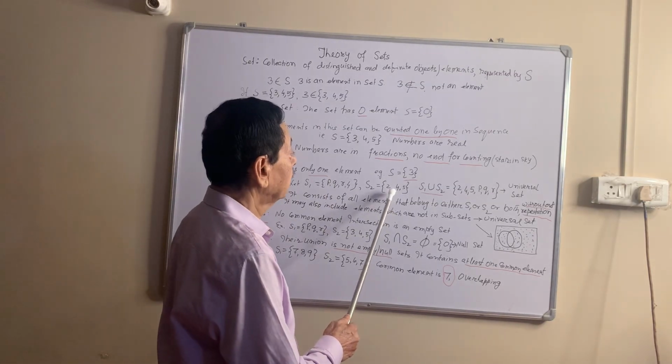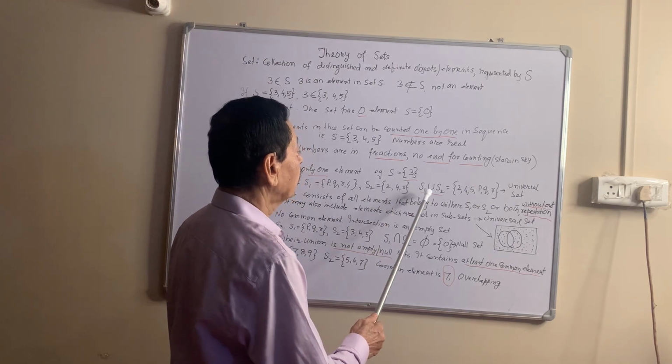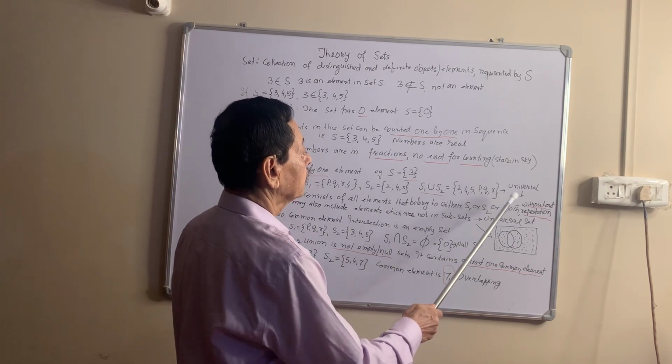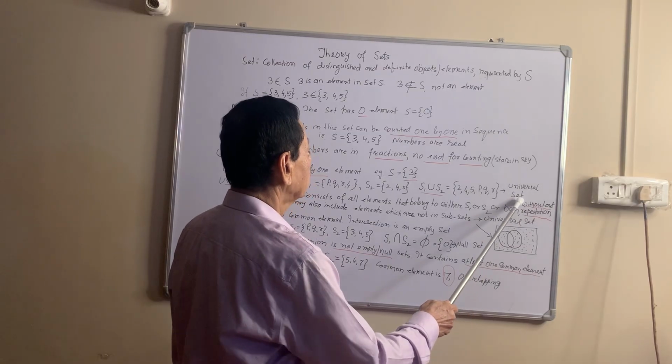So we take one common 4. This is called the universal set.